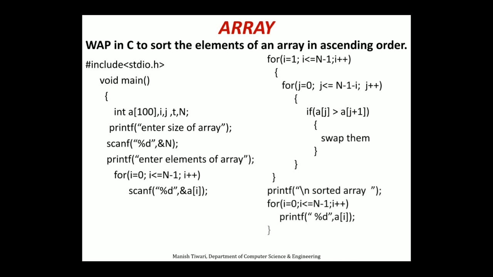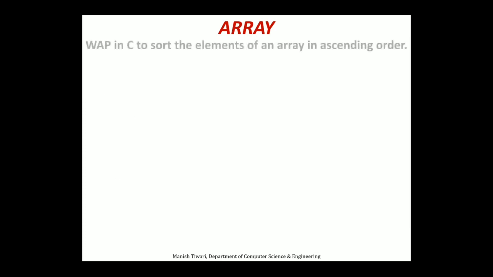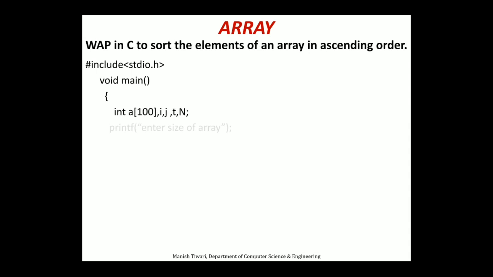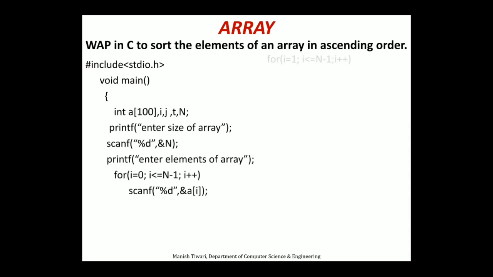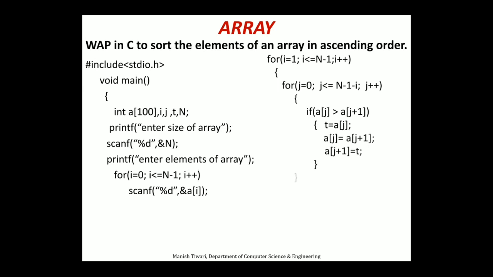And here you can see that swap them means we have to swap a[j] and a[j+1]. So we need to put the logic for swapping two numbers like this. So here we are declaring an array, taking the size of the array, scanning the array, and then if the value of a[j] is greater than a[j+1], we are swapping these numbers.